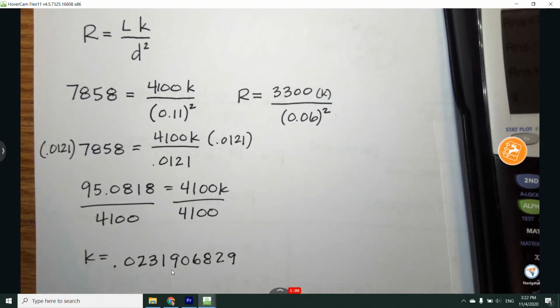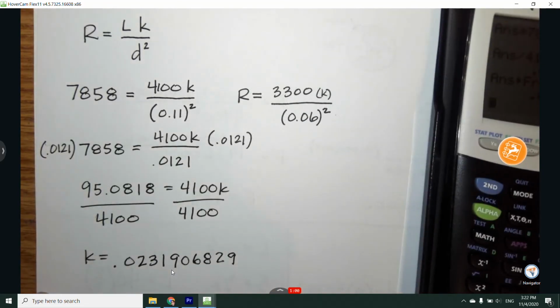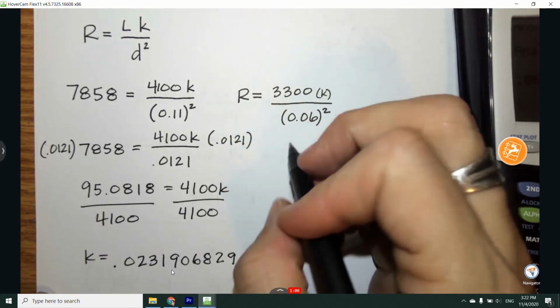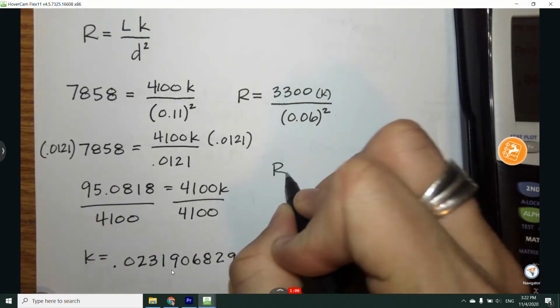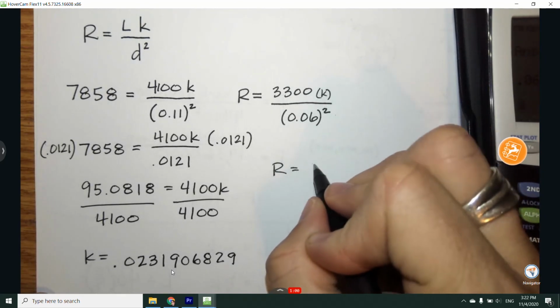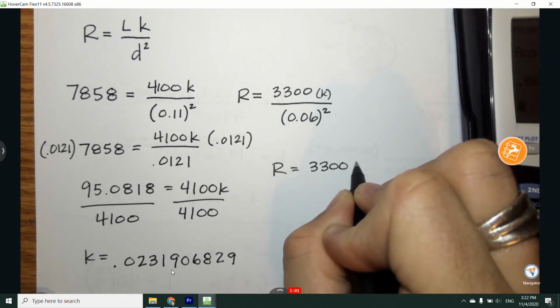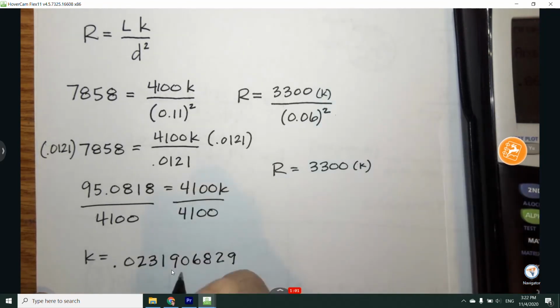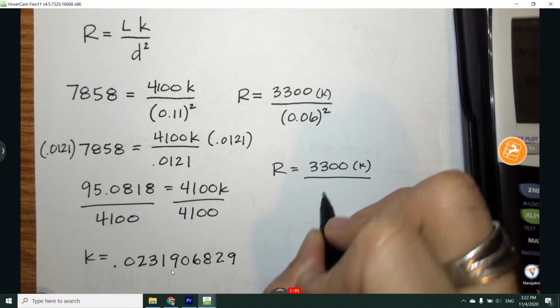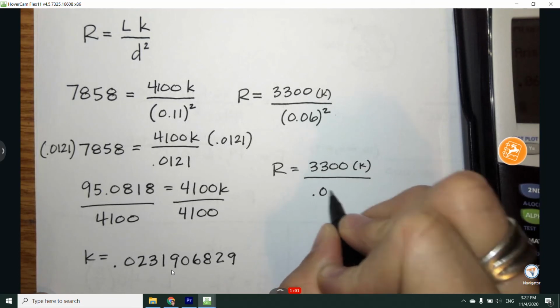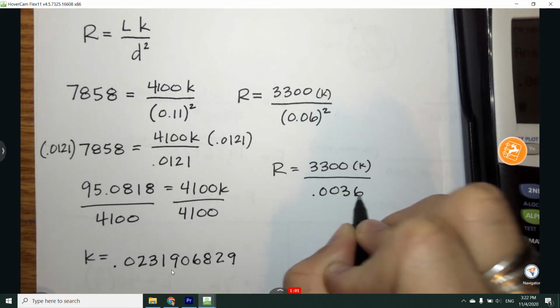So we're going to see what that 0.06 is first, squared. And so this r is equal to 3,300 times this k number that we have down here, and this is going to be divided by 0.0036.